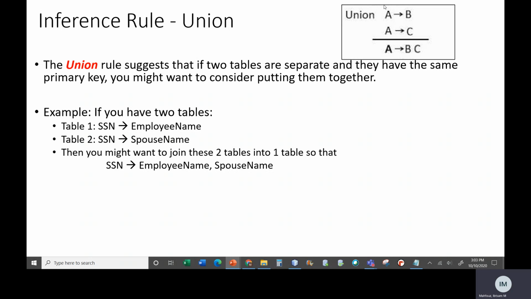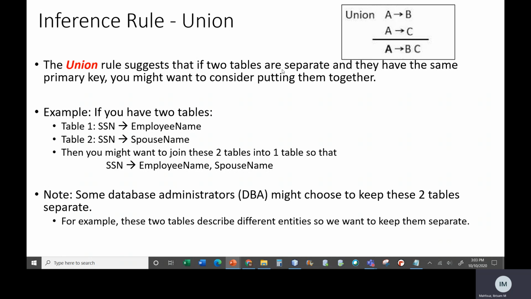Because if the primary key is determining the data in the first table and the primary key is determining the data in the second table, maybe they should have been in one table. Okay. Now, of course, there are reasons sometimes to separate data into two tables, like we mentioned before. If I'm storing information about like an employee and then maybe their passport information.